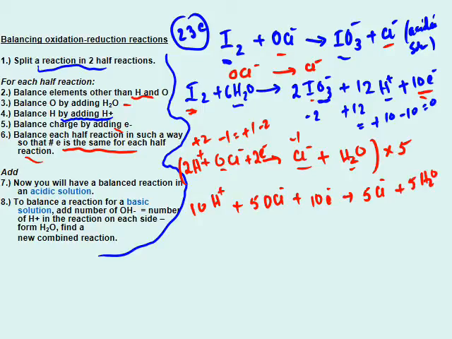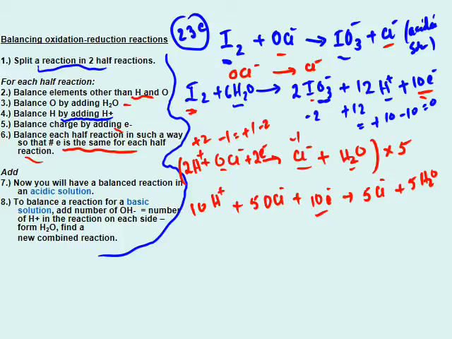If you carefully look at it, now I have 10 electrons in both half reactions. In the first half reaction, I have 10 electrons on the right. In the second half reaction, I have 10 electrons on the left. And that's how it should be, because having 10 electrons on the right means it gives off electrons, and on the left means the second half reaction absorbs electrons in its reaction towards the product.